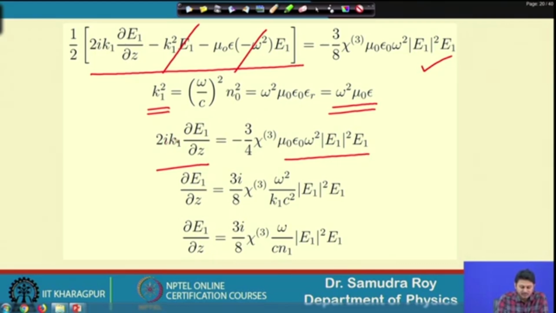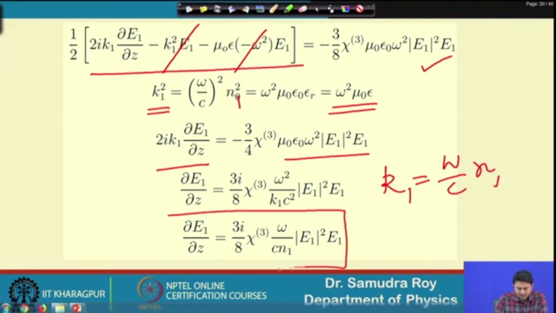If I put this 2 i k in the denominator and put the value of k1 as omega by c into n1, here I put n0, it should be n1 because in my notation it is now n1. Anyway, it will be simply this quantity. So, this is the equation for self phase modulation, SPM.